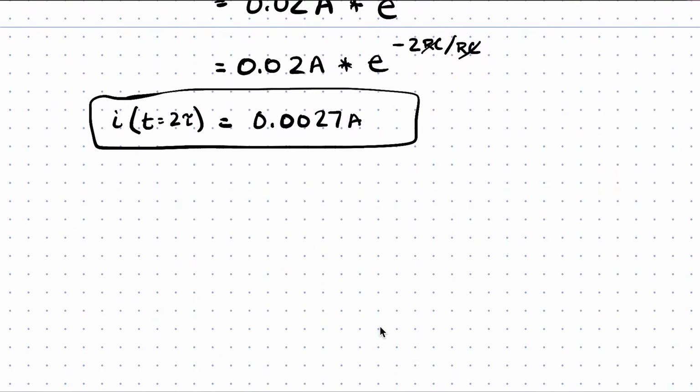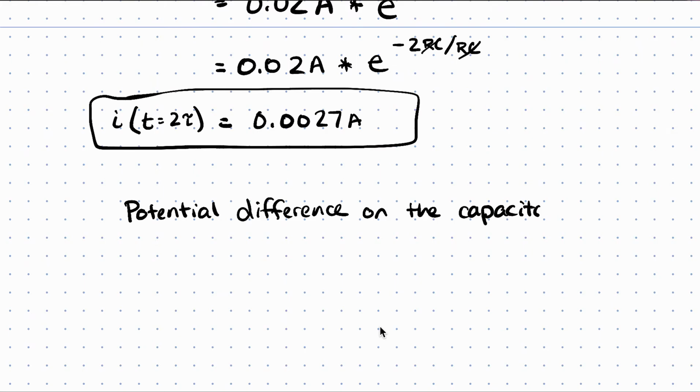The final thing that we're going to look at is the potential difference on the capacitor after 3 time constants.